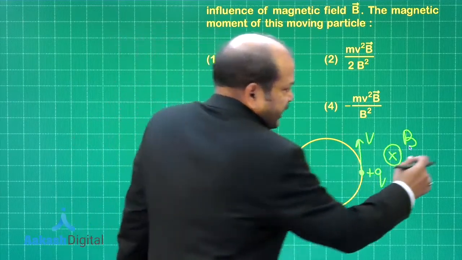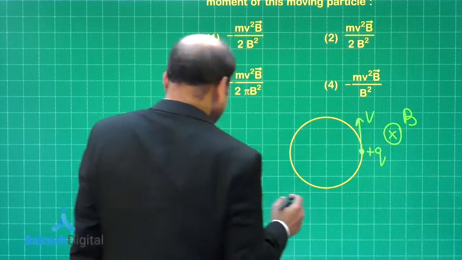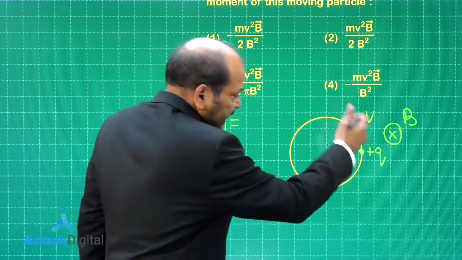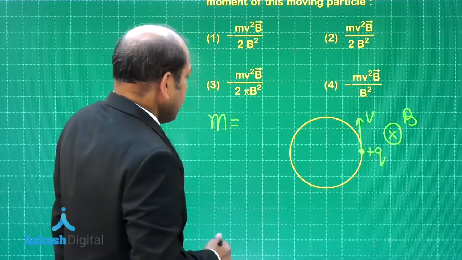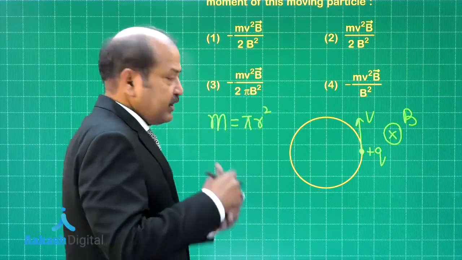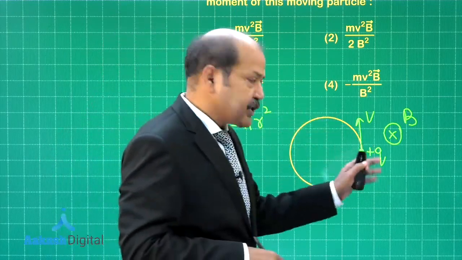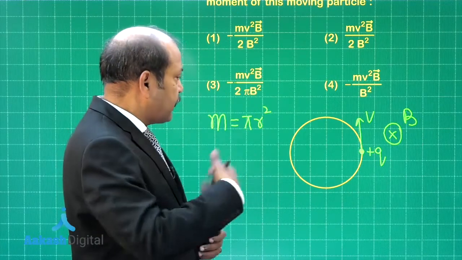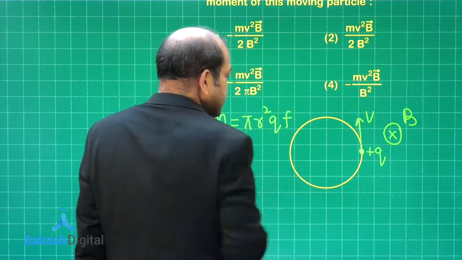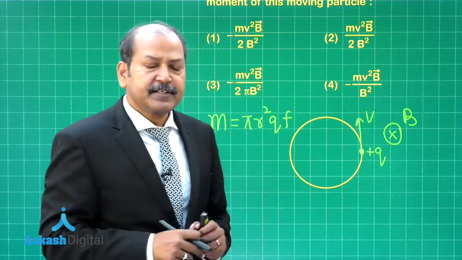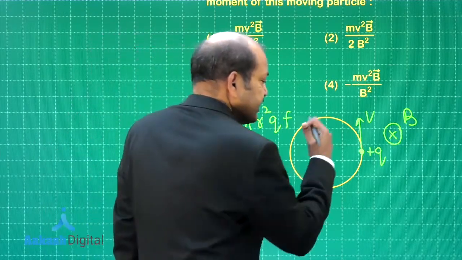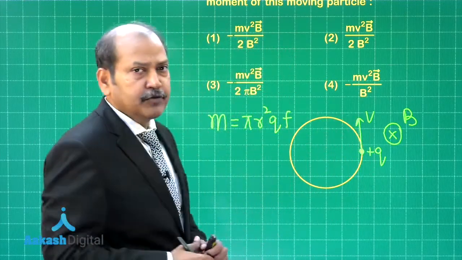And the expression for the magnetic moment, its magnitude, can be given as the area of the circle, pi r square, into current. The expression for current is charge q multiplied by the frequency f. So this is as far as the magnitude of the magnetic moment is concerned. Clearly the magnetic moment in this case is going to point in the outward direction.